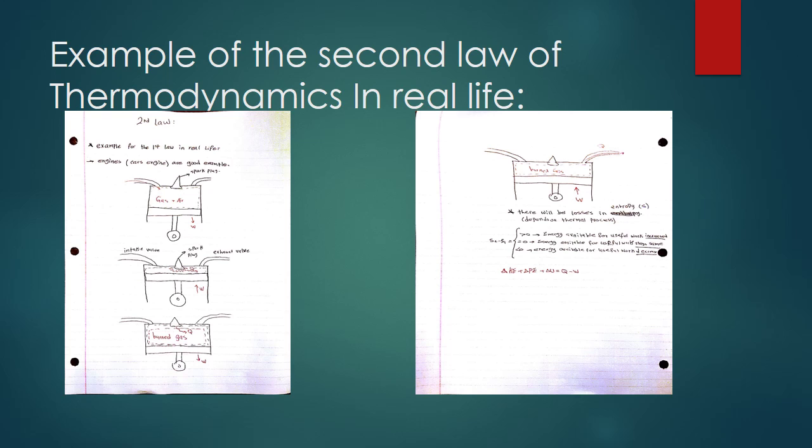And if the difference in entropy is less than 0, energy available for useful work will decrease. And we can use our energy balance equation for the second law of thermodynamics.